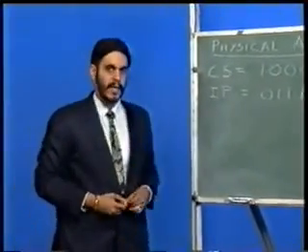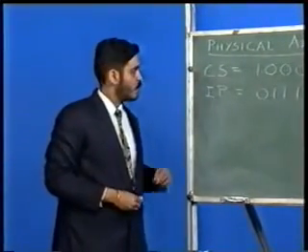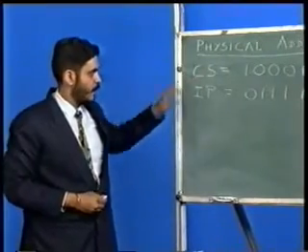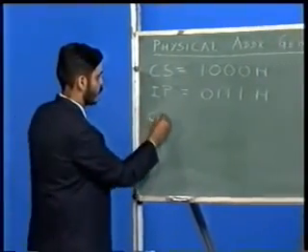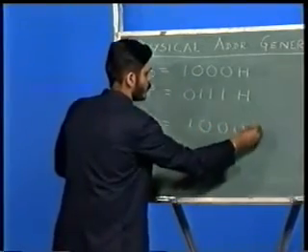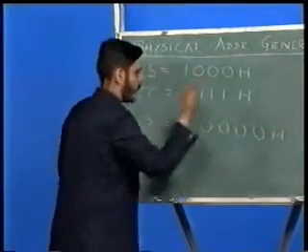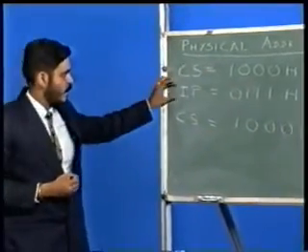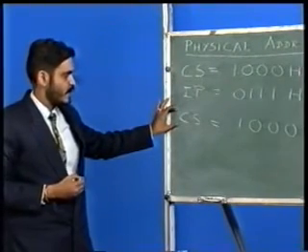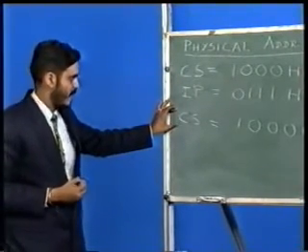The first step in physical address generation is to multiply the contents of the segment register by 10H. This gives us CS equal to 10000H. Now we add the contents of IP, that is the offset, to this value of CS so as to get the required physical address.